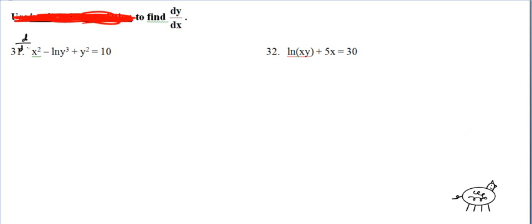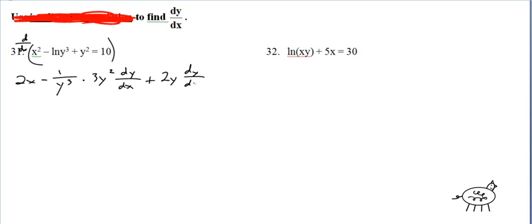d by dx of both sides. So that's going to give me 2x minus 1 over y cubed times 3y squared, right? Okay, dy dx, of course, plus 2y dy dx is equal to 0.